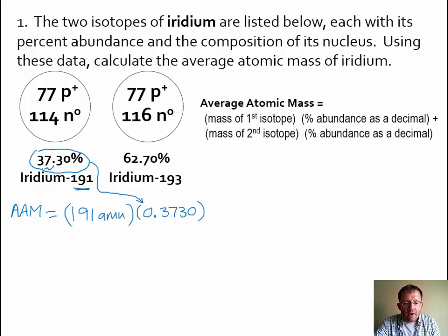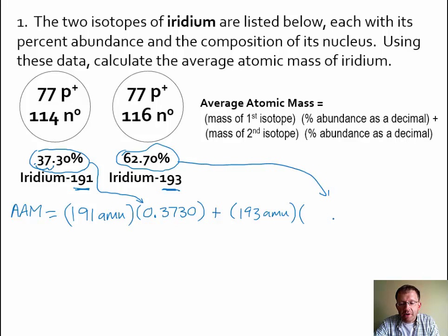Plus, the equation says, plus the mass of the second isotope, which is iridium 193, so 193 AMUs, times its percent abundance as a decimal. And that percent abundance here again is 62.70%. We're going to bring that down over here and write it as a decimal, 0.6270. Remember, I said before that the 2 percentages should add up to 100 and the 2 decimals should add up to 1. And if you check, these do.